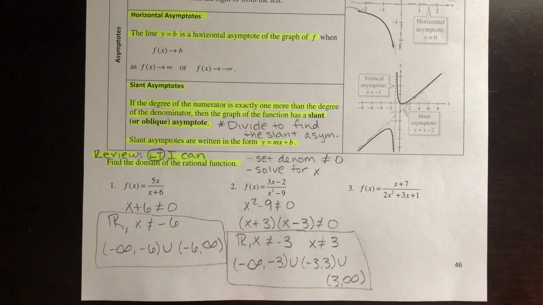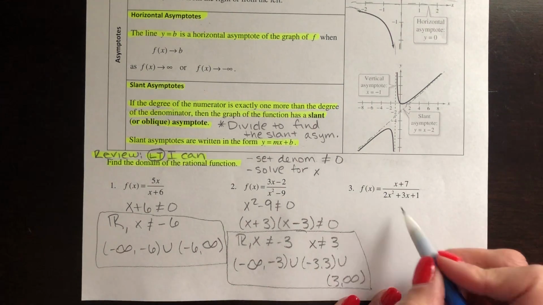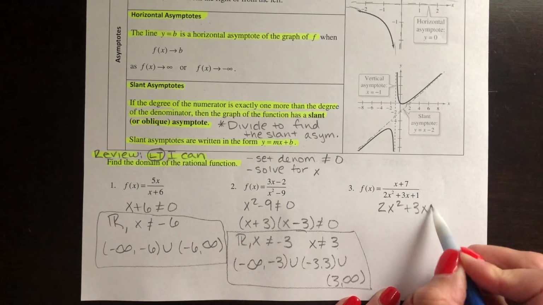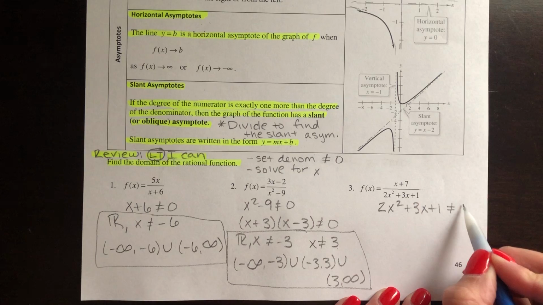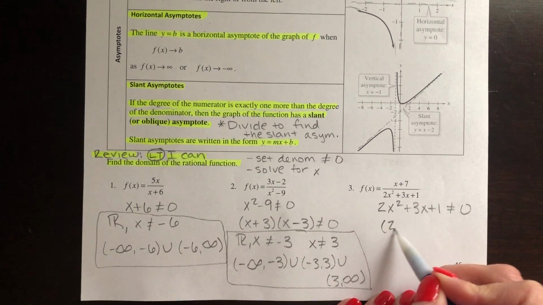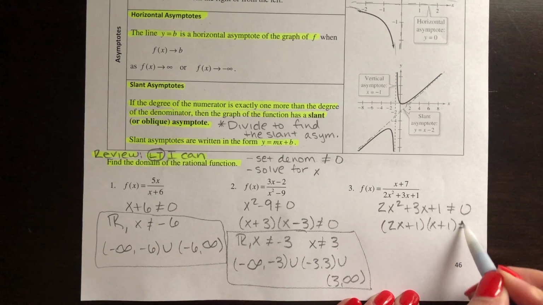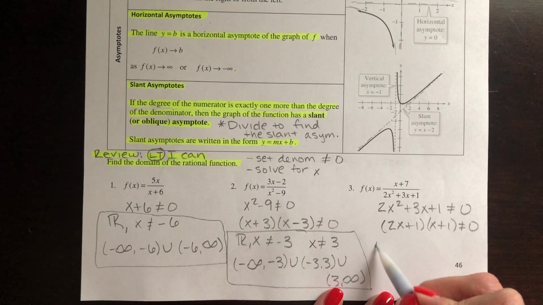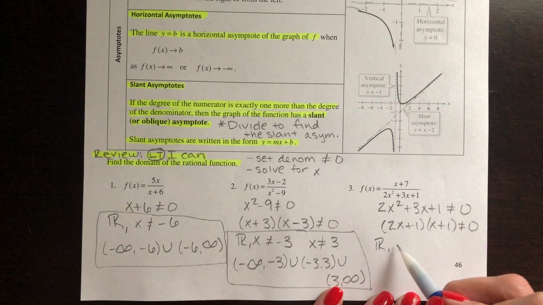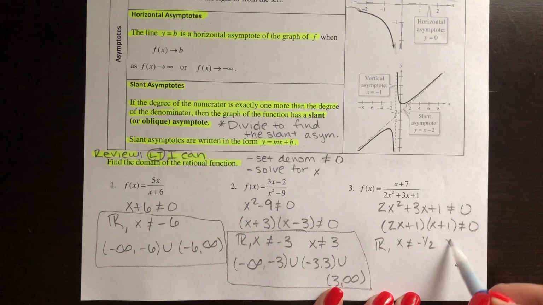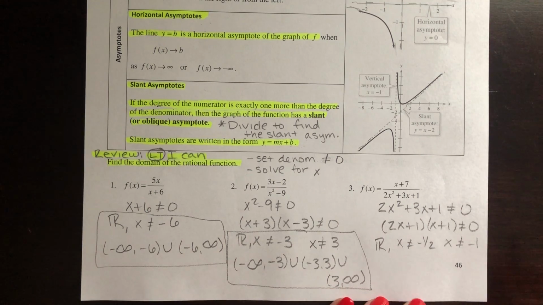All right, next one, see how you did on that. Set the denominator equal to 0, go through your factoring process. After your process, you would get this in factored form. And then, all the reals, but x cannot be negative 1/2, x cannot be negative 1.